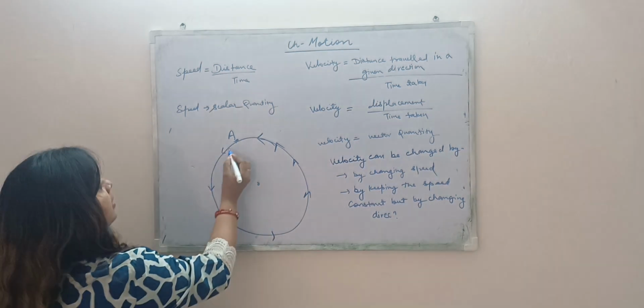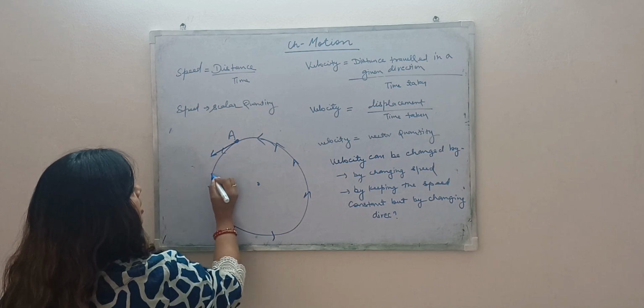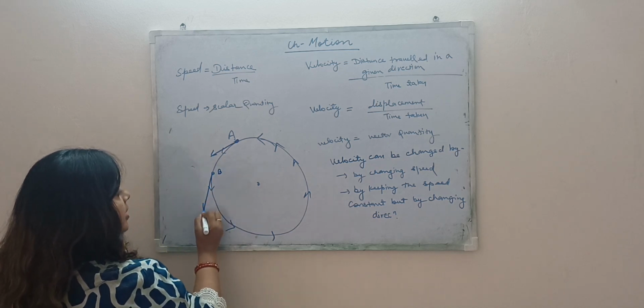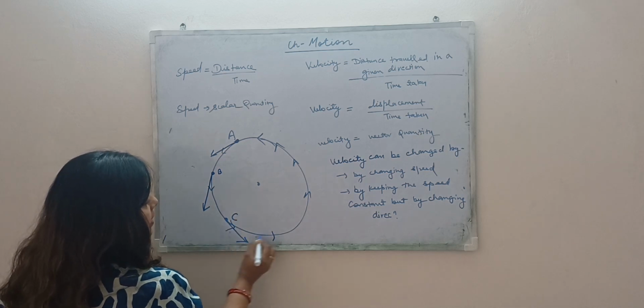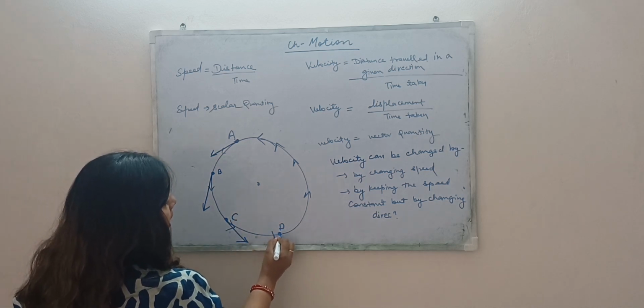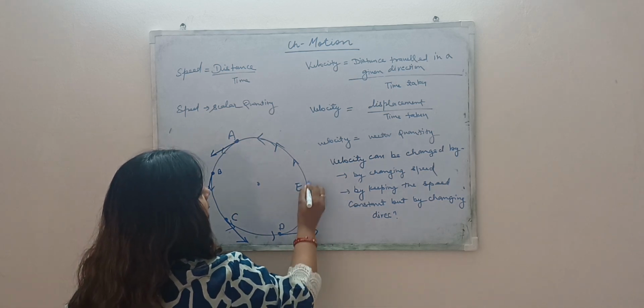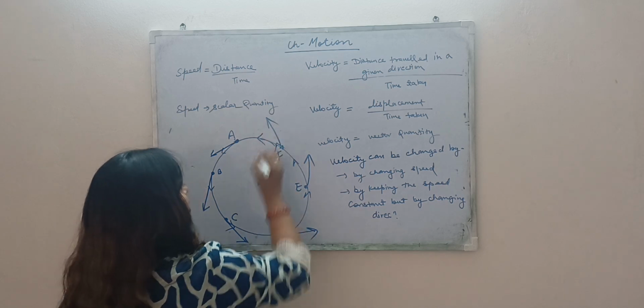Why is velocity changing? Suppose the object is here, so the direction of the body is this. Suppose the body reaches point B, the direction of the body is this. At point C, the direction is this. At point D, the direction is this. At point E, the direction is this. And at point F, the direction is this.